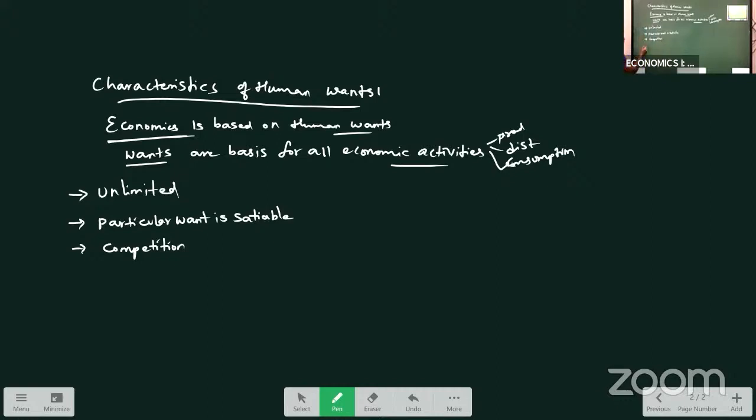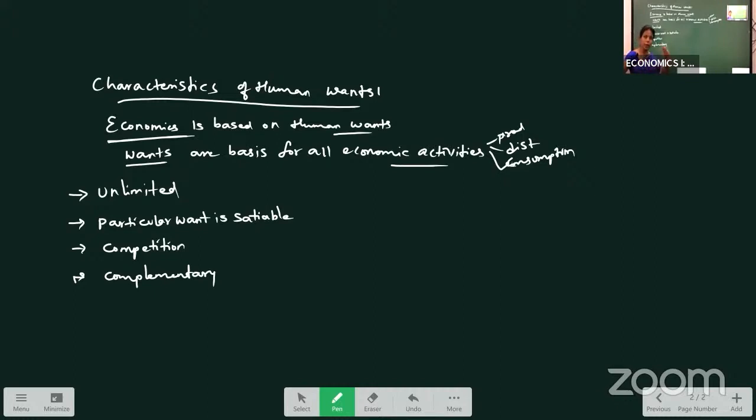And we can say wants are complementary. Complementary means dependent on each other. To satisfy one want, we have to satisfy another want. For example, you have a hobby of painting, right? If you want to paint, only the painting hobby is not enough, na?